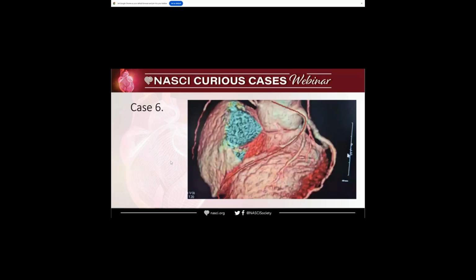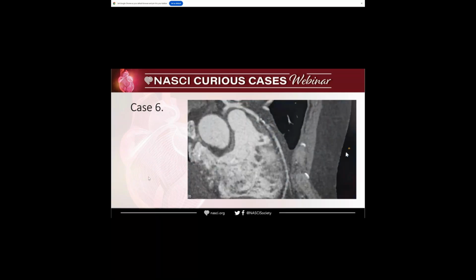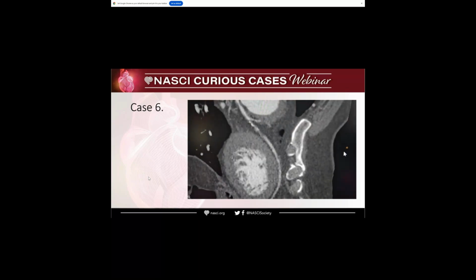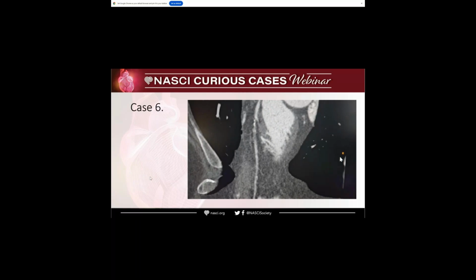We have another interesting case. So this is a simple cardiac case, just as a warm up. I'm showing this again.